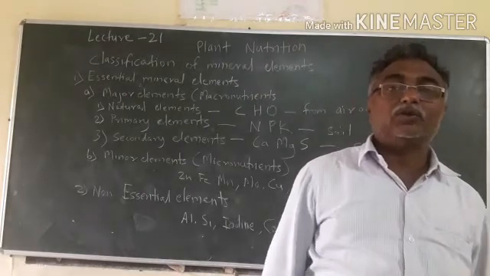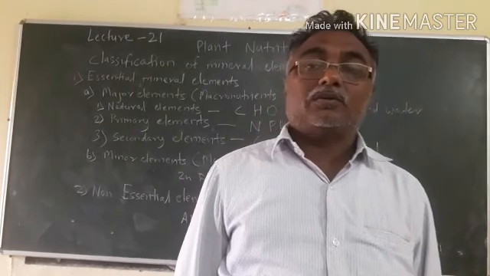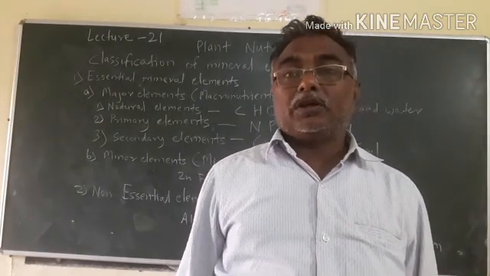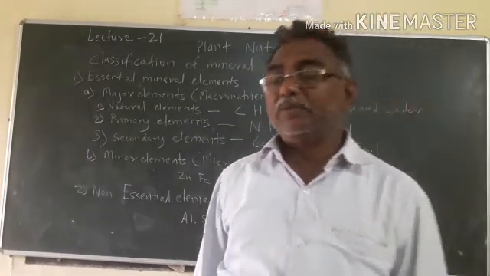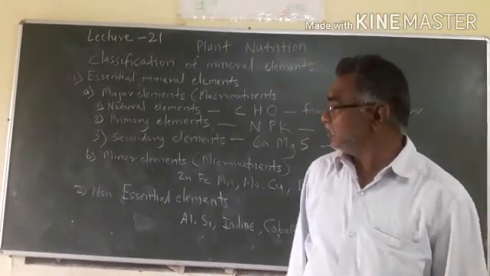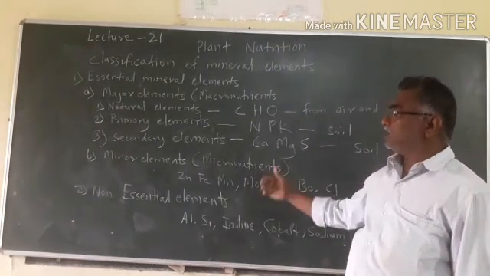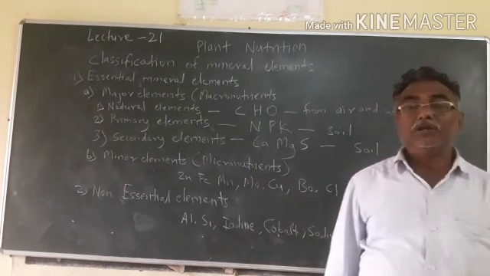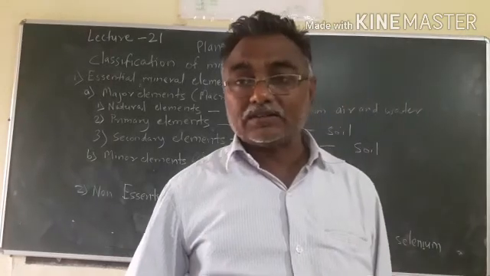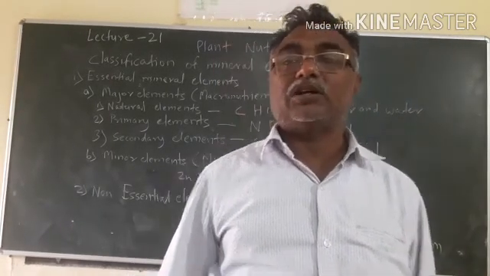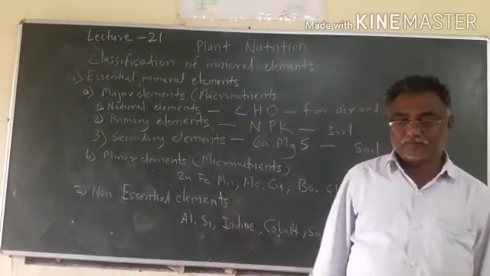These elements are used as a catalyst in the enzymatic reactions which are taking place in the plant body. So these elements will increase the rate of reaction, or start the reactions which are going in the cell of the plant.